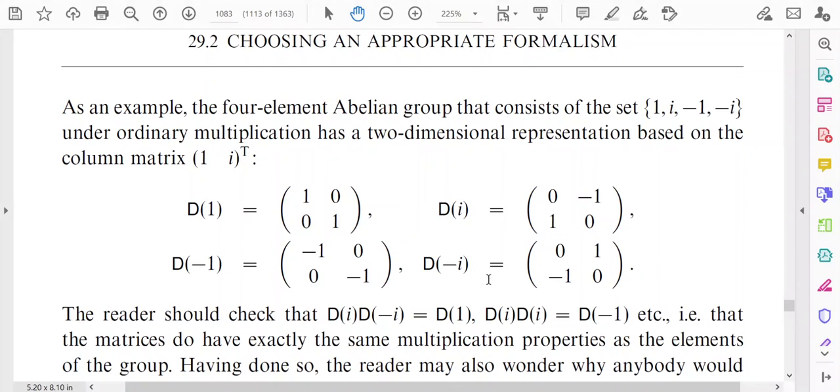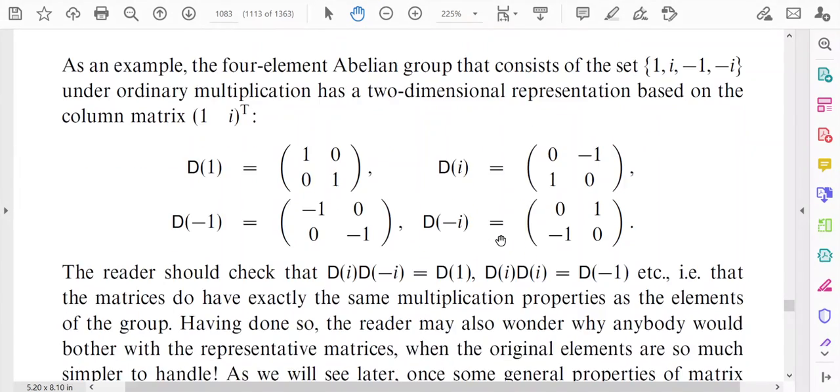Now we have also discussed the multiplication table for this four element group, and there we have checked that i into minus i gives you 1. So in the two-dimensional representation, D of i times D of minus i will also be D of 1.